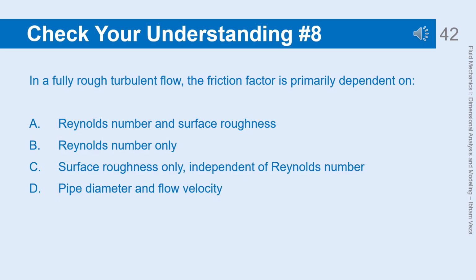A is incorrect because in fully rough, turbulent flow, the friction factor no longer depends on Reynolds number, but only on surface roughness. B is incorrect because Reynolds number does not influence the friction factor in fully rough flow. D is incorrect because pipe diameter and flow velocity contribute to Reynolds number, but do not directly determine the friction factor in the fully rough regime.